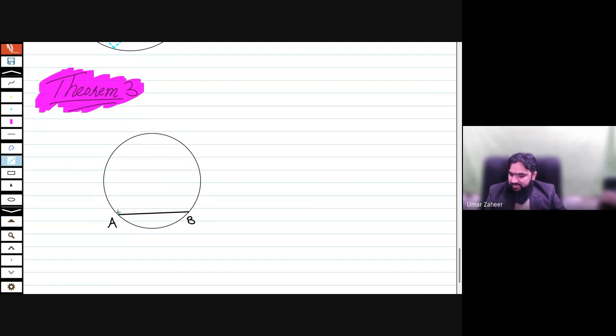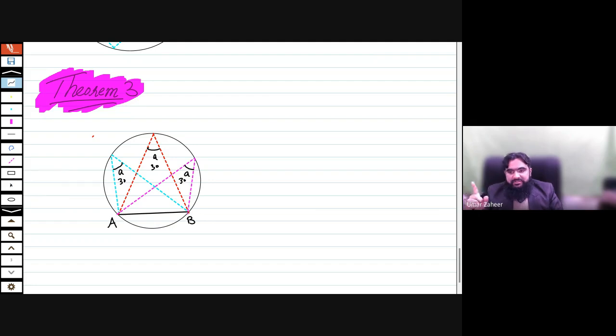We have the subtended angle from the arc or segment AB on the circumference. There is another subtended angle on the circumference from the same segment. What is the relation between them? They are all the same. If it is A, it will be A as well. If I say it is 30, it will be 30 as well.